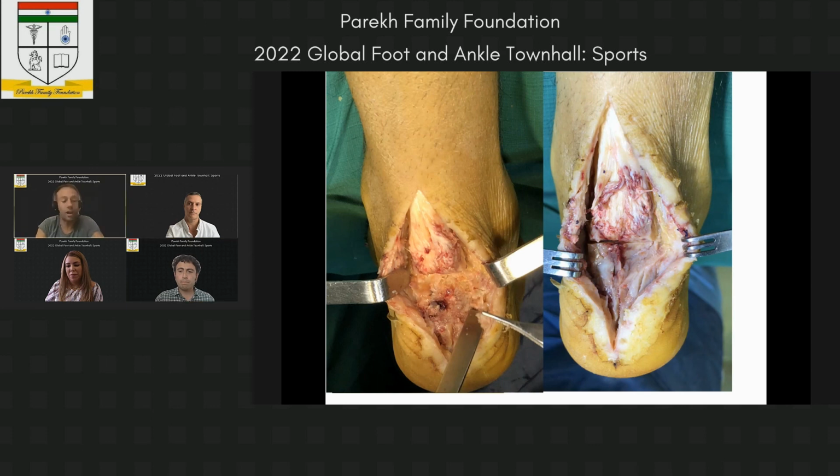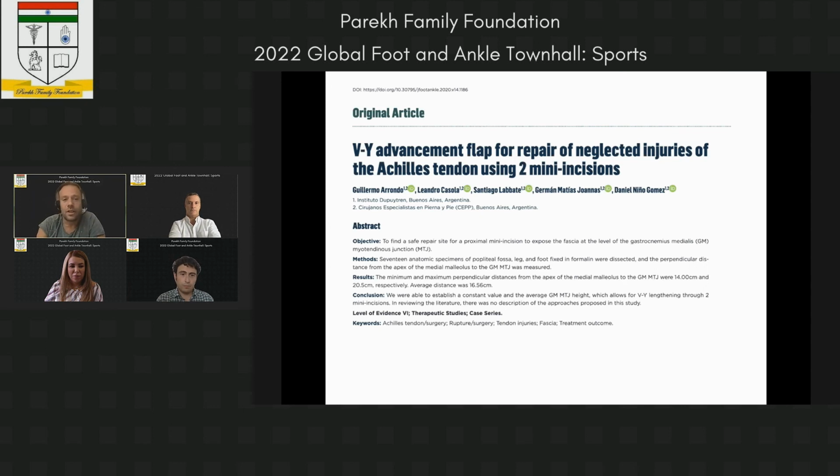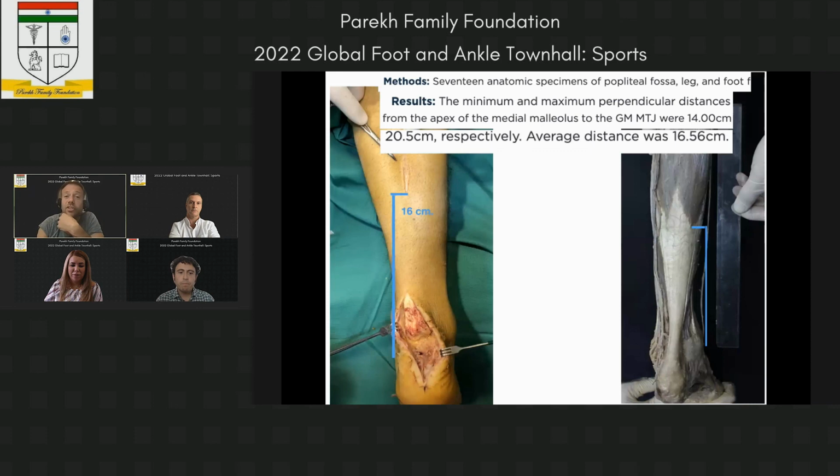Well, I will show you what we did with Vasco. He was a runner. I thought about the FHL, but as I read, in runners and sports, I was very afraid with this patient, so I wanted to be sure. So what we did, we used a BA advanced. This is something we published 2 years ago with Vasco Arrondo and Leandro Castola, in which we took 17 anatomic specimen legs.